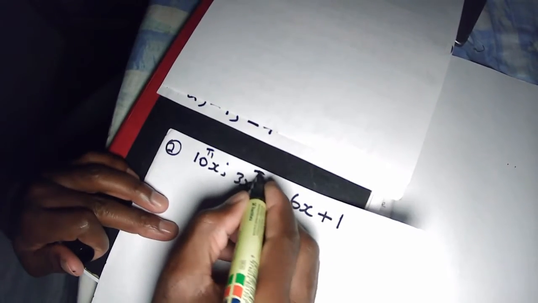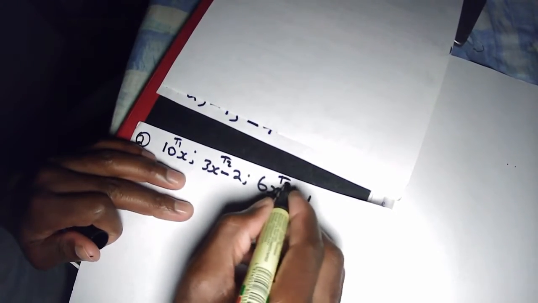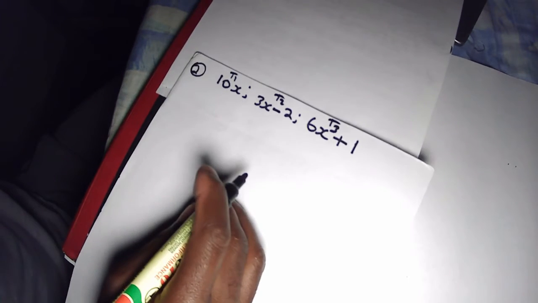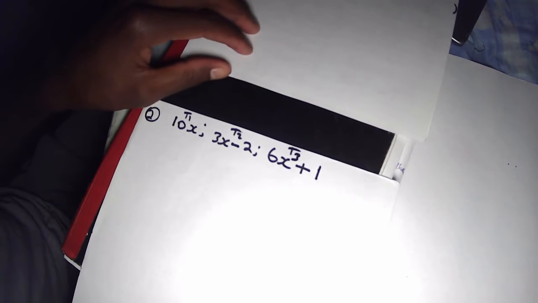So we have T1, T2, T3, okay? If you like, you can pause the video and solve it by yourself without my help, and then later continue to see the solution.